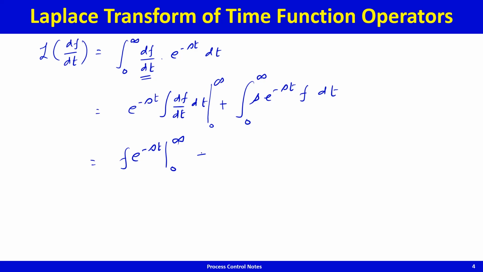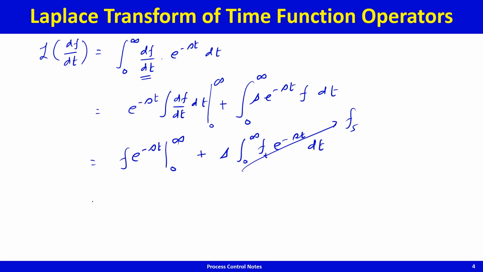Plus, if I look at this guy, what is this going to be? S times integral f of t times e to the power minus st dt, and this is nothing but the Laplace transform of the function itself.